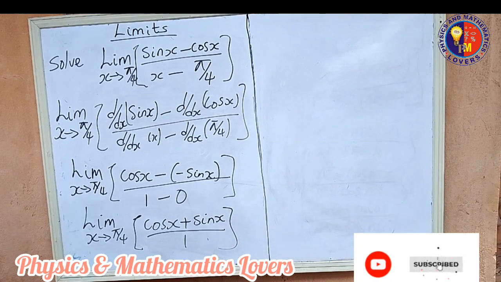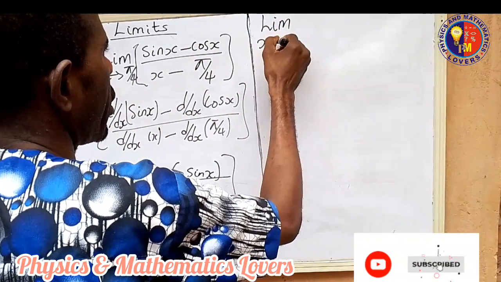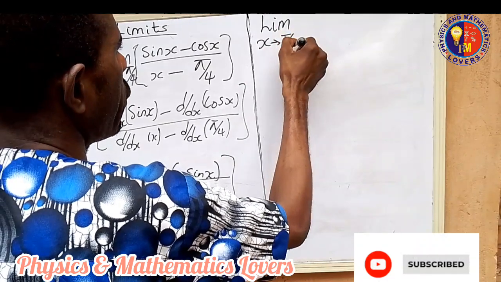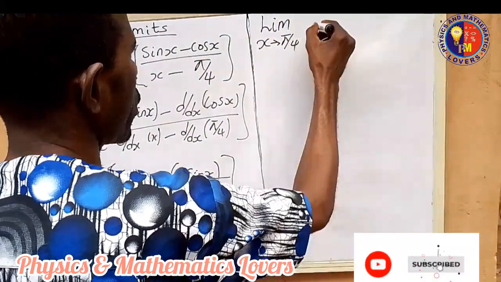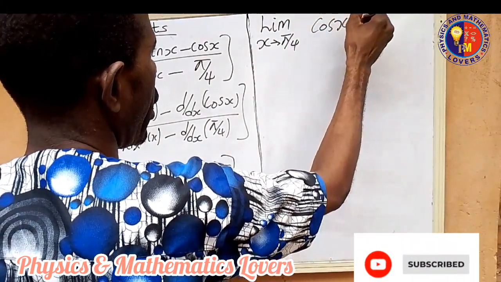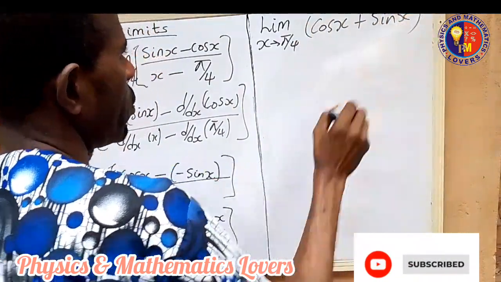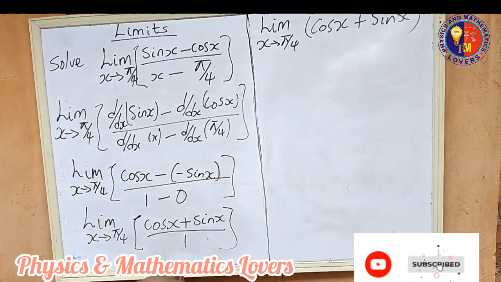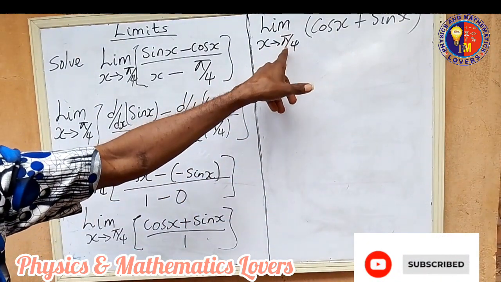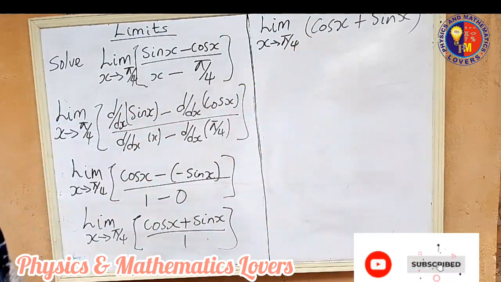It's the same thing, so even if you don't put 1, no problem. What we need to do now is plug in the values: the limit as x tends to pi over 4 of cos x plus sine x. Since we have already carried out the differentiation, we can plug in pi over 4.